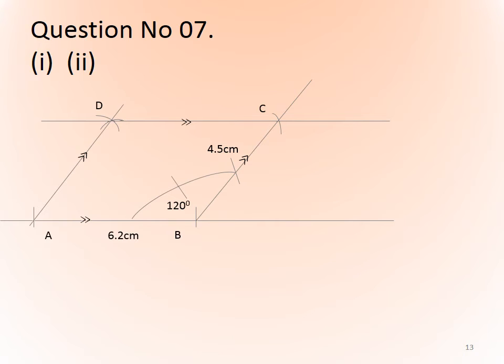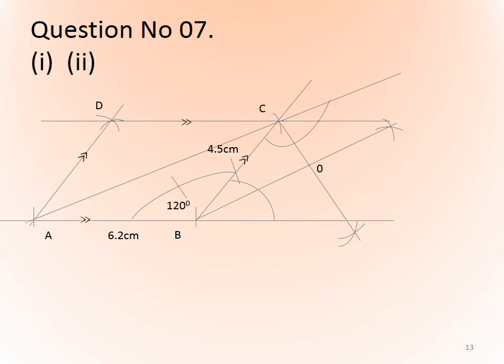I have already produced the side AB. Then take this angle and draw the angle bisector. Now connect A to C. Now you can see the triangle ABC. Take the exterior angle and draw the angle bisector here. Then this intersection point is O.